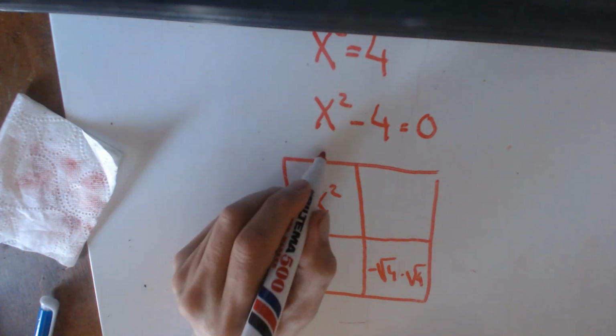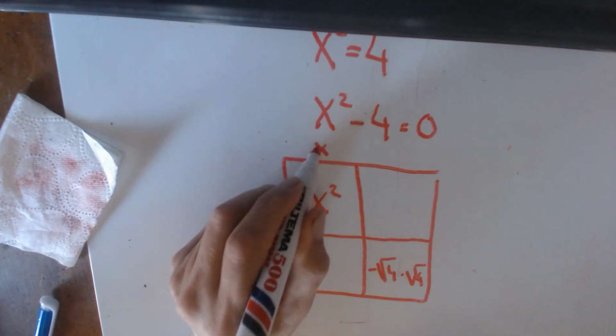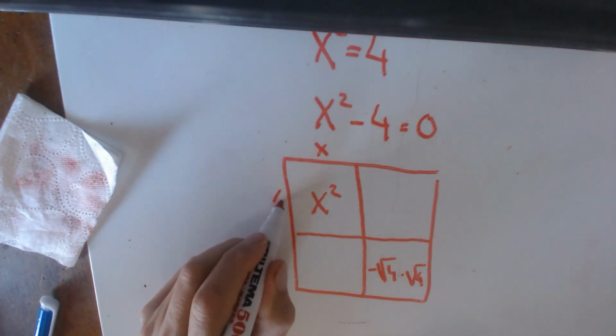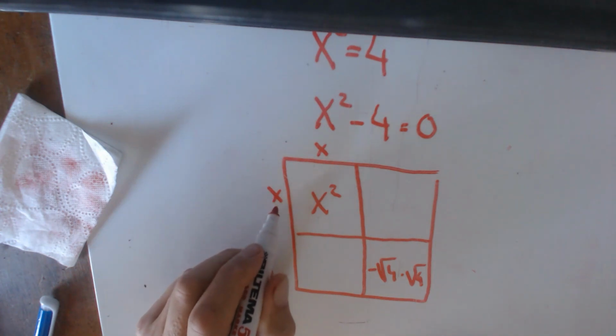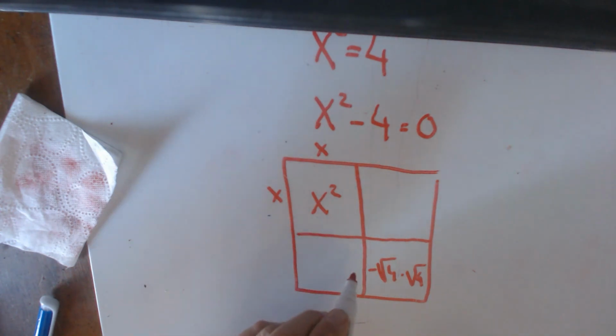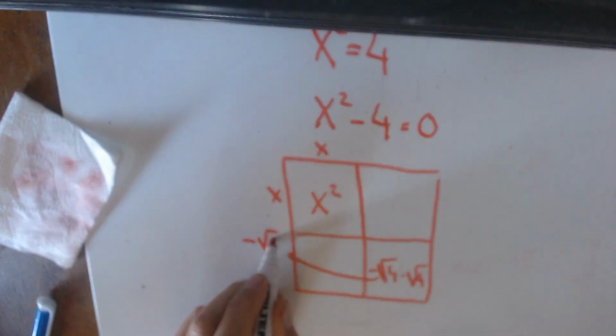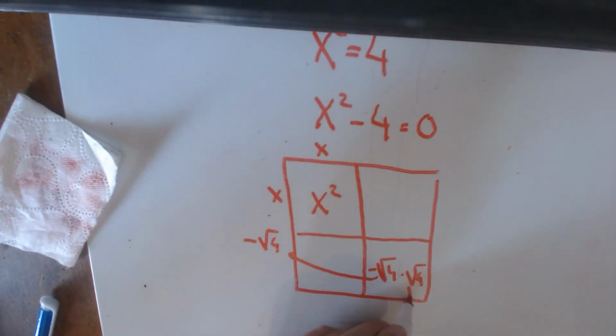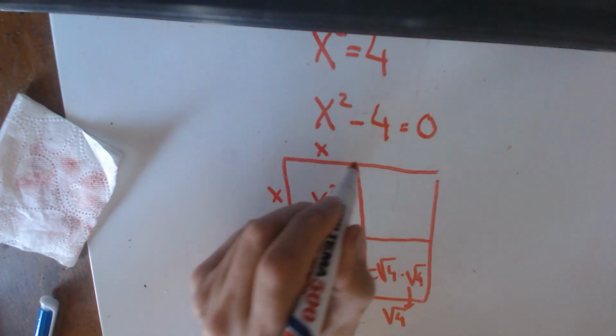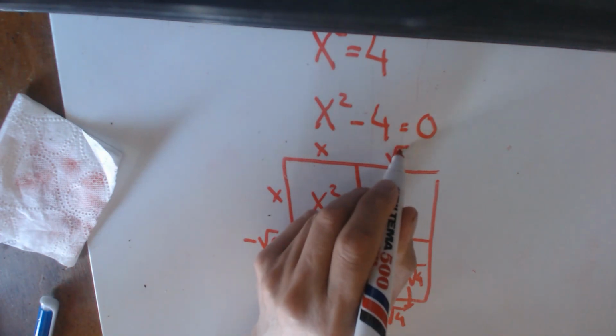And then we know that this side is x, and this goes as well to be x, and this one goes to this side, minus square root of 4, and this one goes down there, so you have square root of 4, and this side is x, and this side is square root of 4.